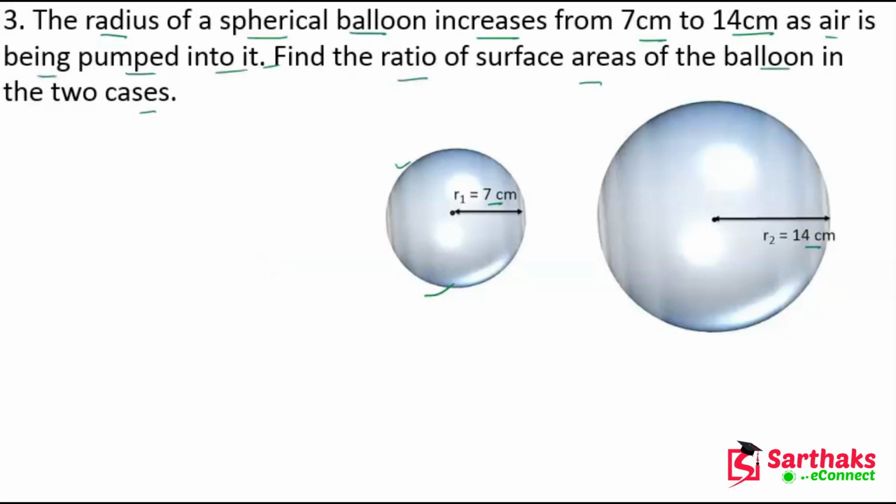Now here we know that the surface area of a sphere is equal to 4 pi r square.